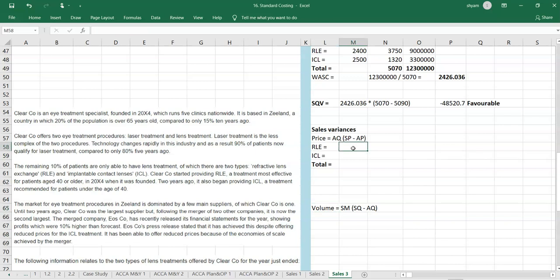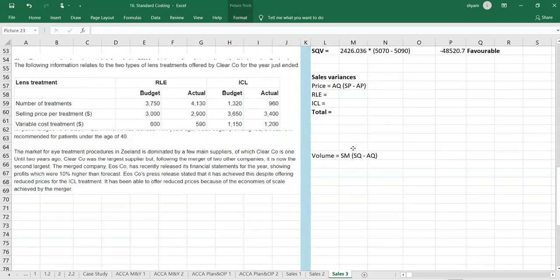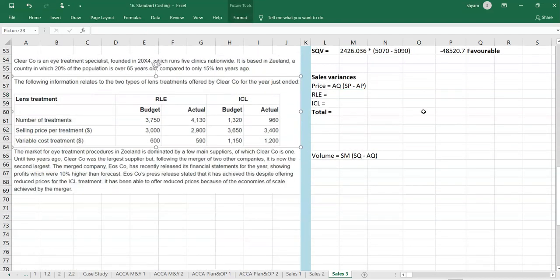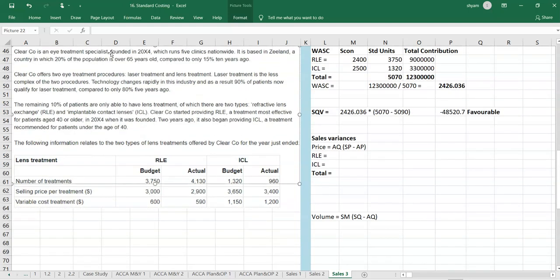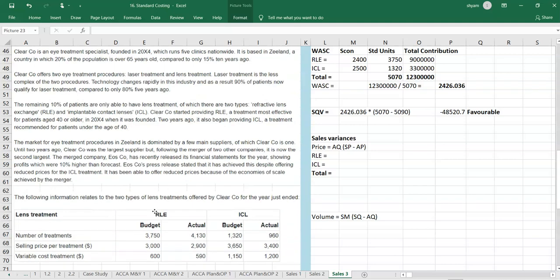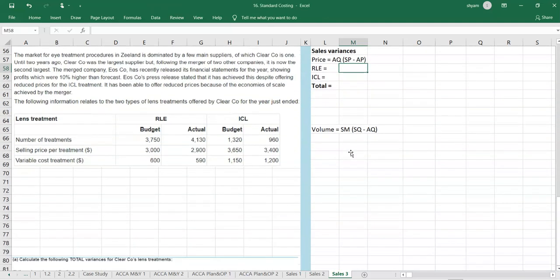So RLE, so we have it here. We'll get the table here and we'll do it. So our table is, just look at the table. We need AQ.